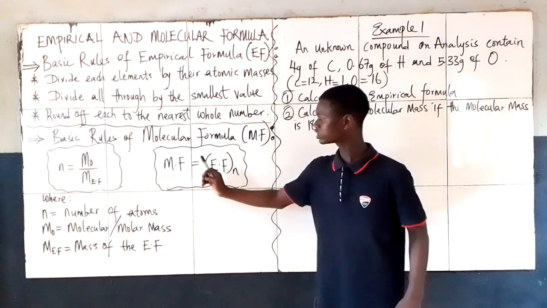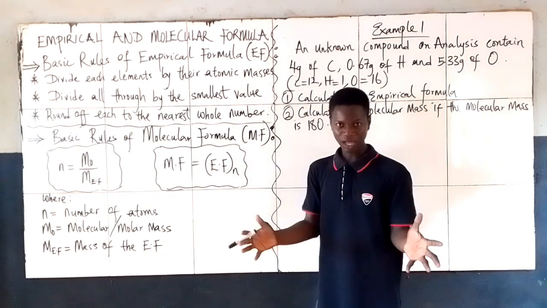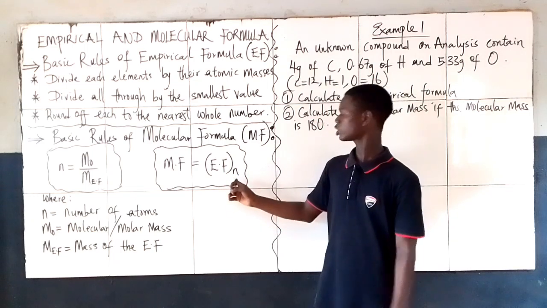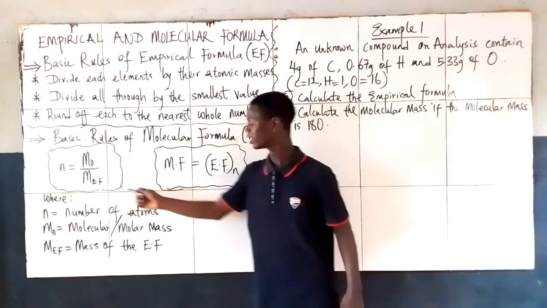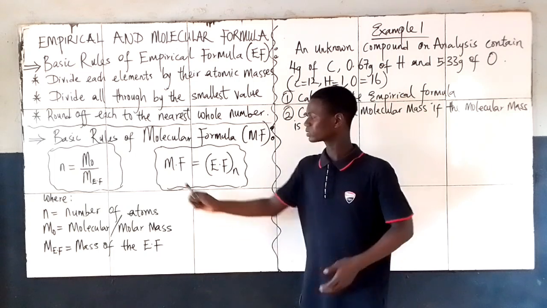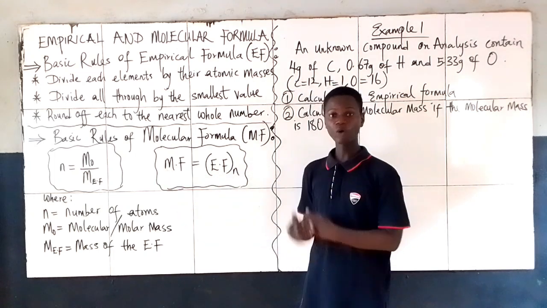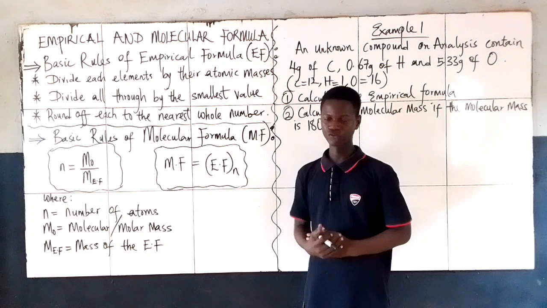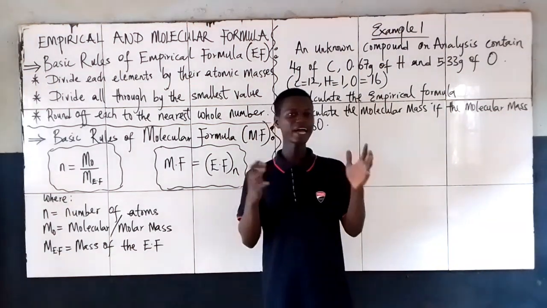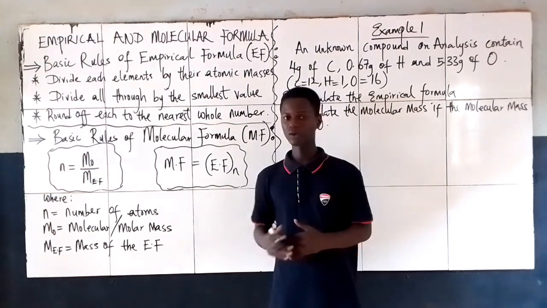So after you have gotten your EF, the formula of the empirical structure, you then use the subscript n, which you get from the first formula, to multiply all through. Thereafter, what you will have is the molecular formula for the compound you are asked to solve for. So these are the basic steps to be followed when asked to find either the empirical formula or the molecular formula.